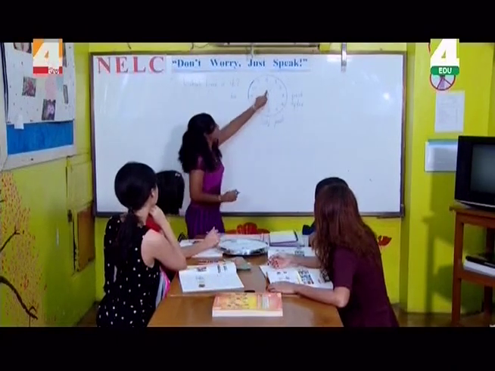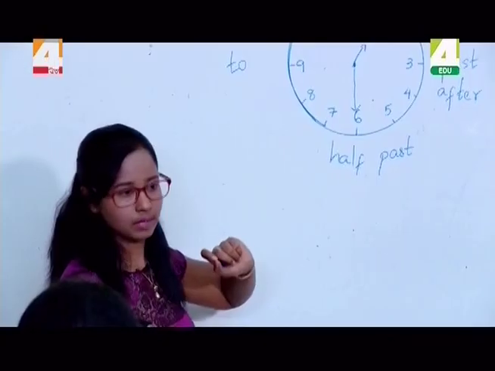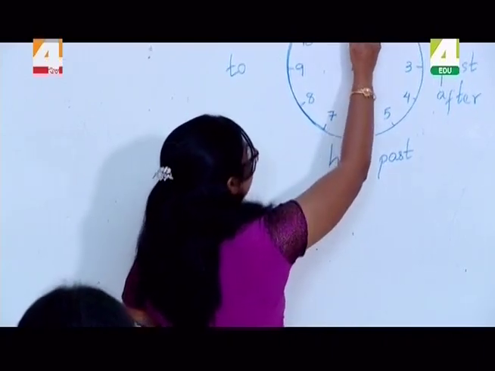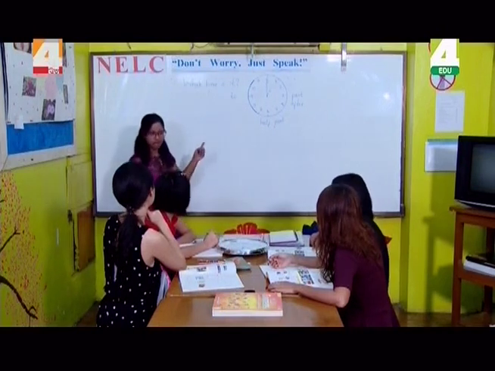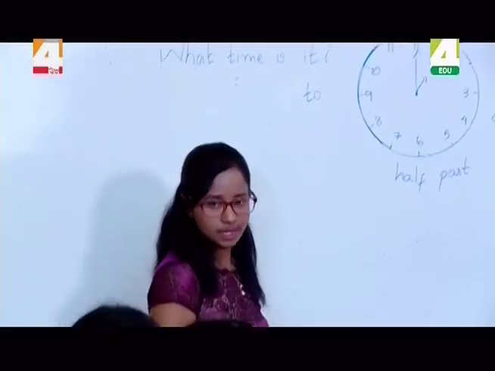The hour is at 1, so half past 1. Got it, right? Okay. So how about like this? What time is it? 1 o'clock, right? If the minute stick is at 12, we use o'clock. Do you understand now? Yes?